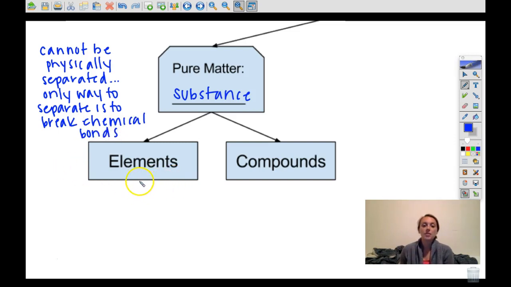The first type of substance, or pure matter, is an element. An element is the simplest and unique form of matter, often called the building block of matter.